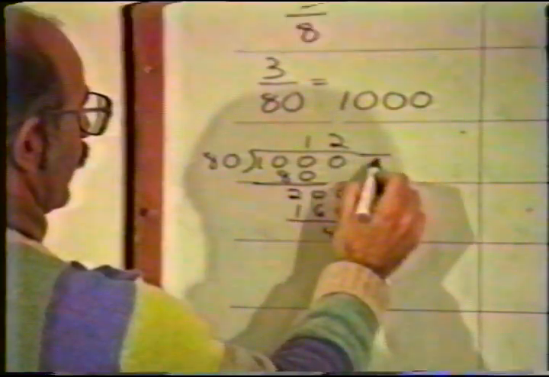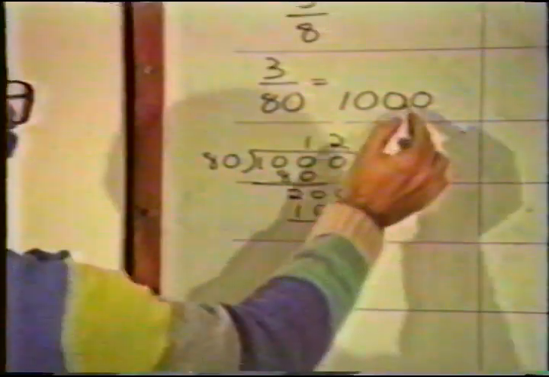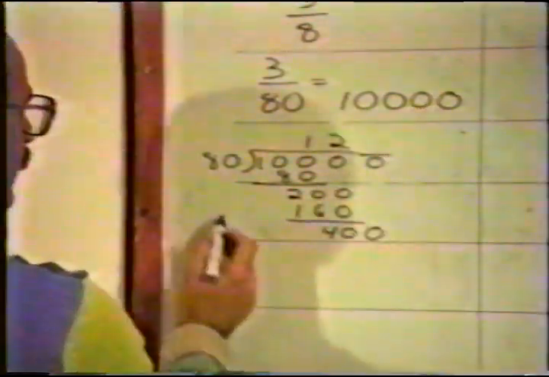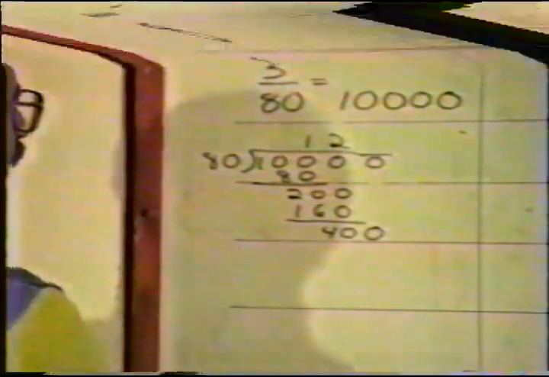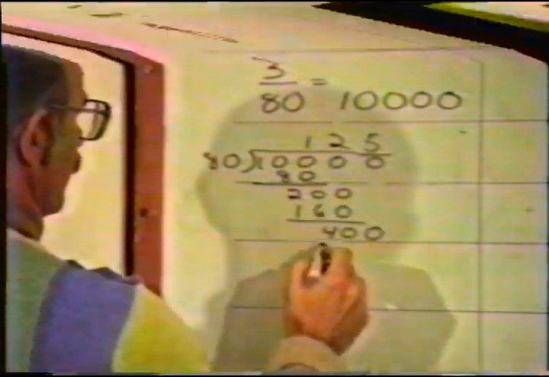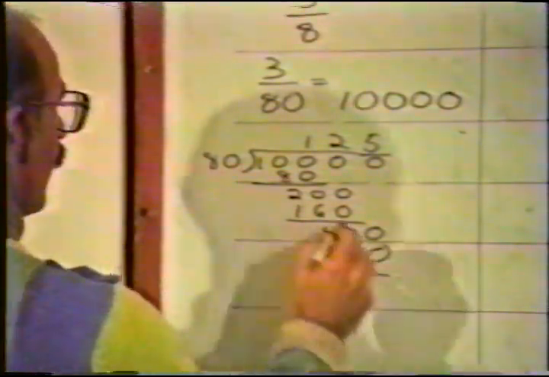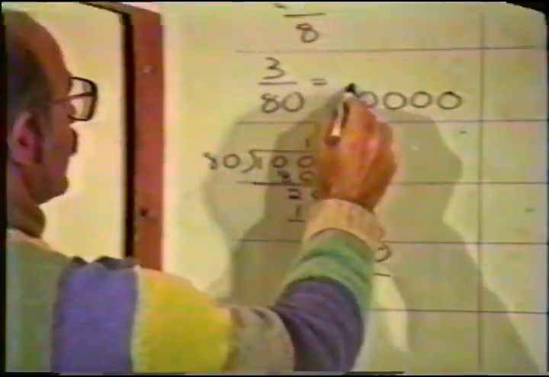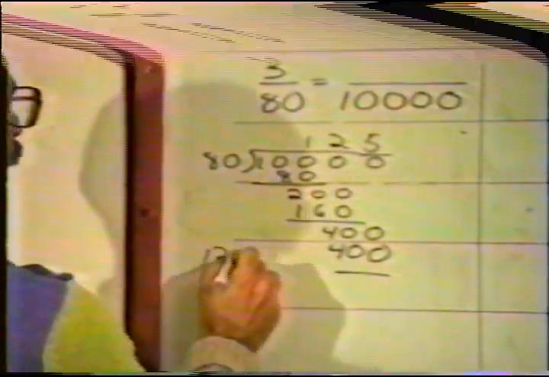Let's put another 0. This time we'll try to see if it'll go into 10,000. How many 80s in 400? 5. 5 times 80 is 400. So 80 goes into 10,000 125 times.